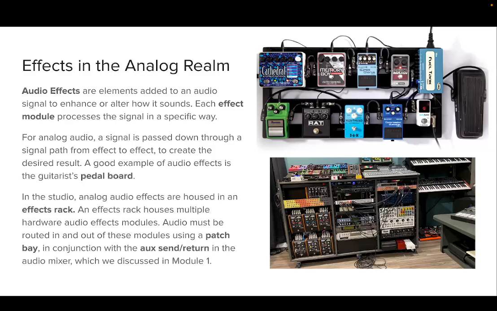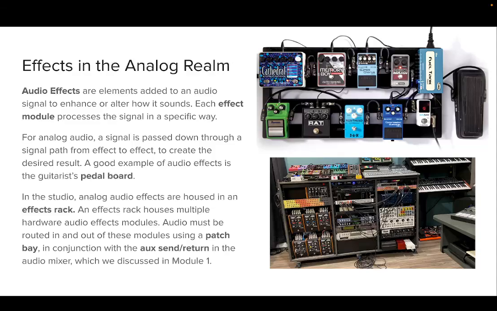For analog audio applications, a signal is passed down through a signal path from effect to effect to create the desired result. In the analog realm, remember, we are dealing with a series of electrical cables. Instrument cables are often used to carry line-level signal from effect to effect.